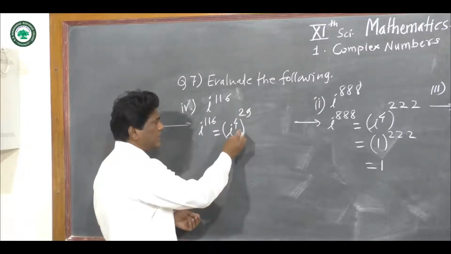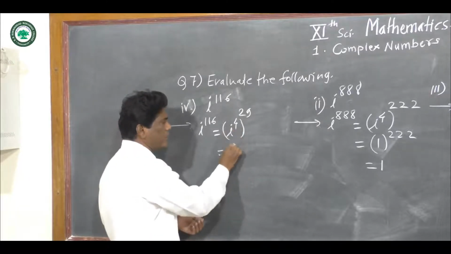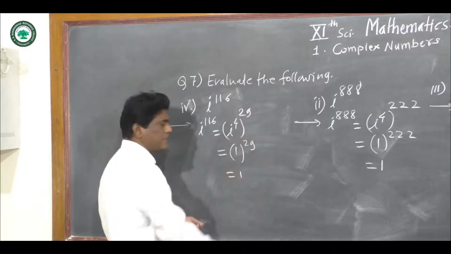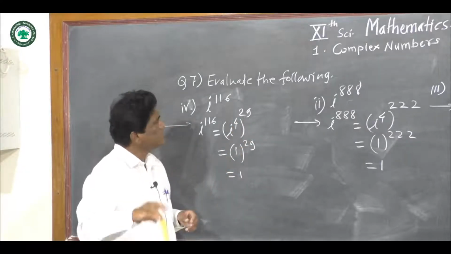So here we get now i to the power 4 as 1 to the power 29, 1 to the power anything is equal to 1, so the value is 1.